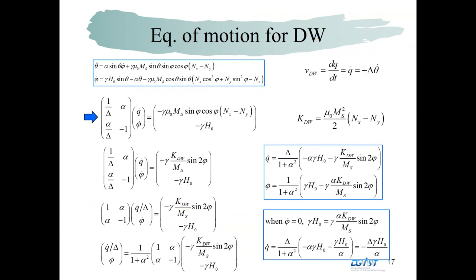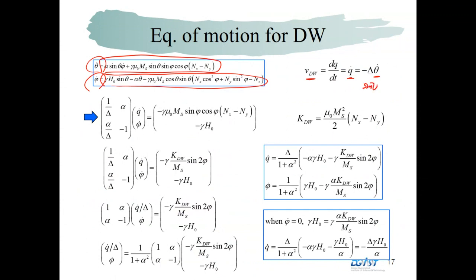So let's solve the equation of motion of domain wall again with full terms. Now theta dot, phi dot, we have this relation. And the domain wall velocity is given by the time derivative of the position. The q is the position vector. And this q dot is related to theta dot with this relation.